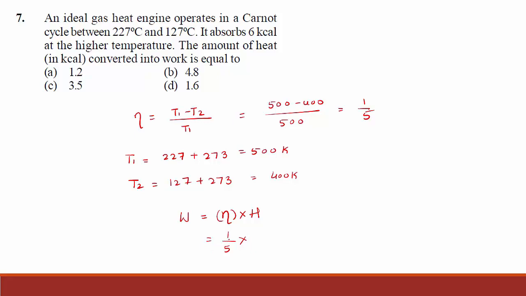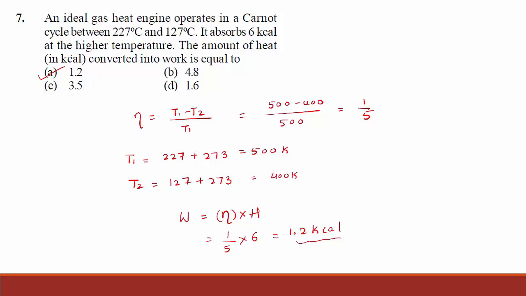So 1 by 5 into 6 gives 6 by 5, which is equal to 1.2 kilocalorie. So the work done is 1.2 kilocalorie. So amount of heat energy converted into work is equal to 1.2 kilocalorie.